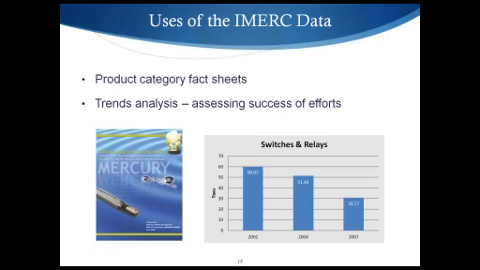So in this bar graph, you can see how the use of switches and relays, the total mercury values that have been reported to IMERC, have dropped substantially from 2001 to 2007. So it's a way for the IMERC states to really assess the success of their mercury efforts and to really see these product categories that have been of concern and to see what kinds of success there has been because of the legislation that's been going on.